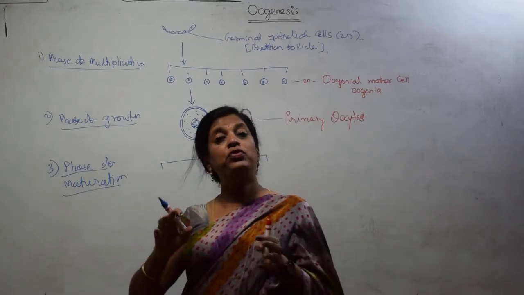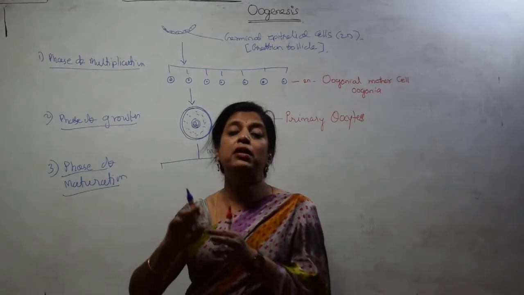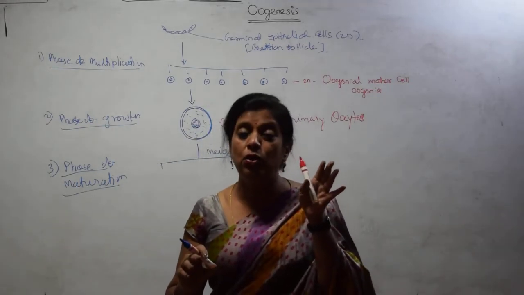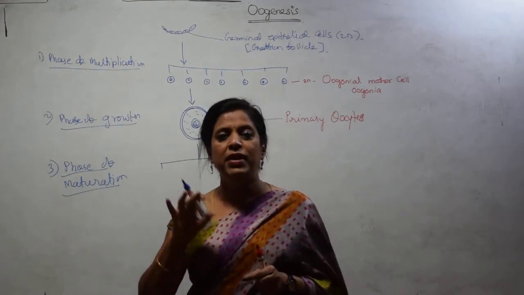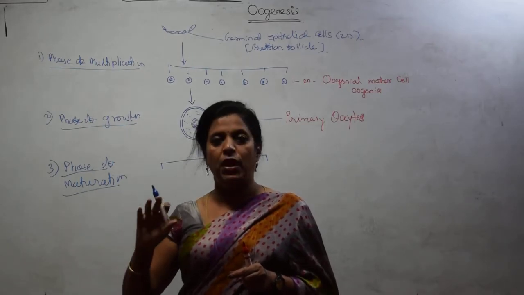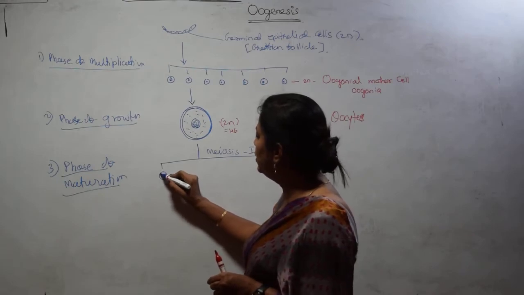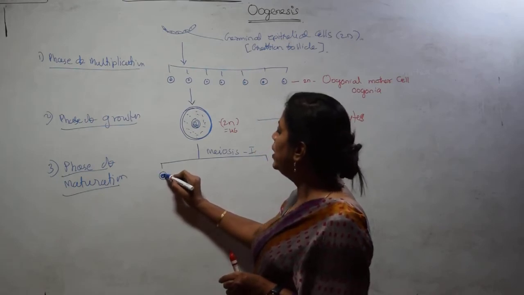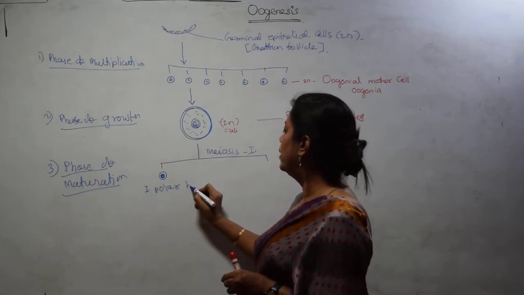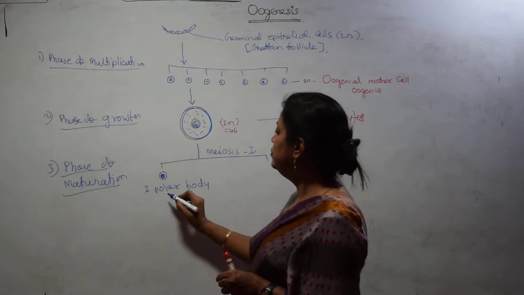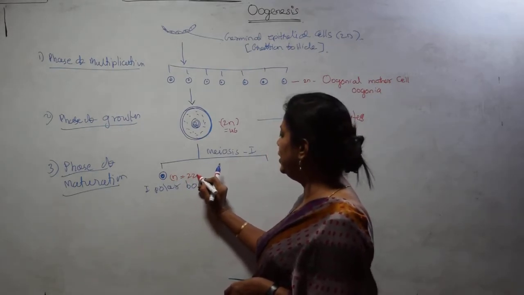Because one of the cells will take the complete nutrients and cytoplasm, another will have only the haploid chromosome number but very little or no cytoplasm. Because one will survive better, the other is going to disintegrate. Therefore, the first cell formed here is very small, and this is called the first polar body or polocyte. This is haploid in nature. Remember, n equal to 23.